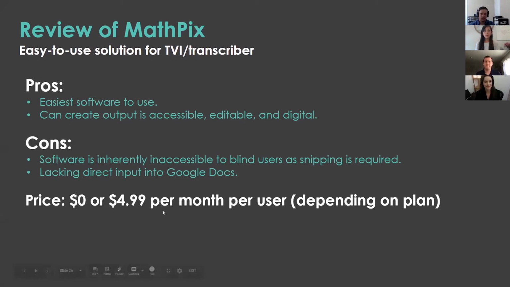Cool. John, you want to take the Mathpix one? Yeah, so Mathpix is the tool that you've probably seen in several of our demonstrations so far. This is a really cool tool that we found for OCRing math.